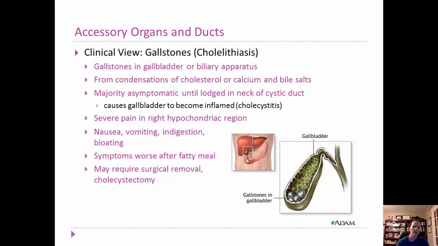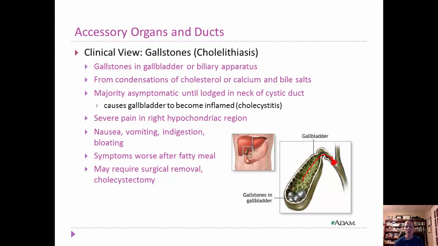But over time, if the gallstones get lodged in that cystic duct or in the common bile duct, then as you can see, if it gets lodged in here, the bile is not able to empty like it needs to.